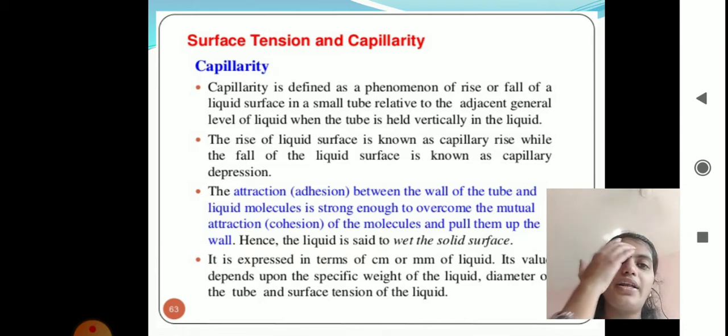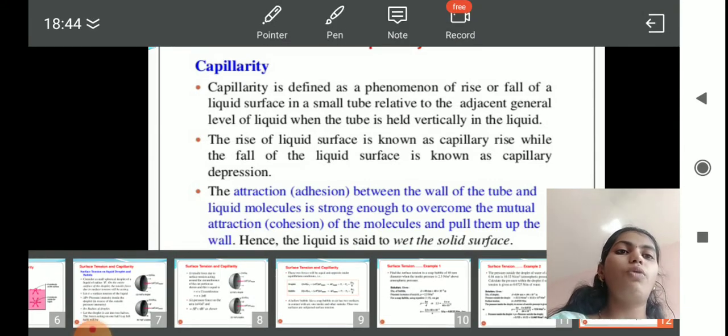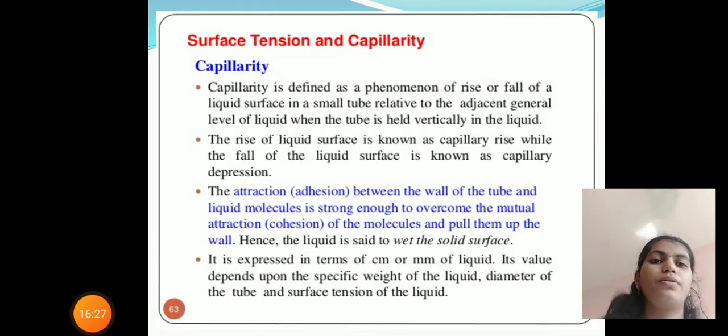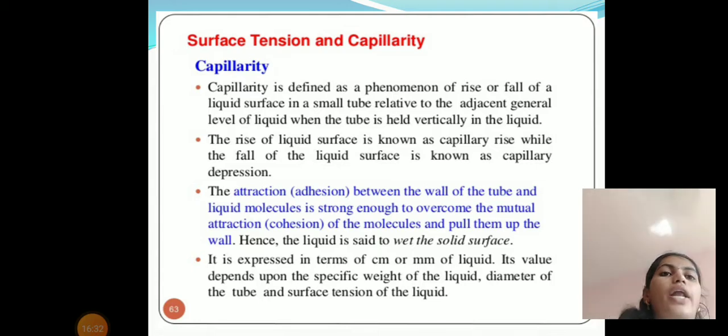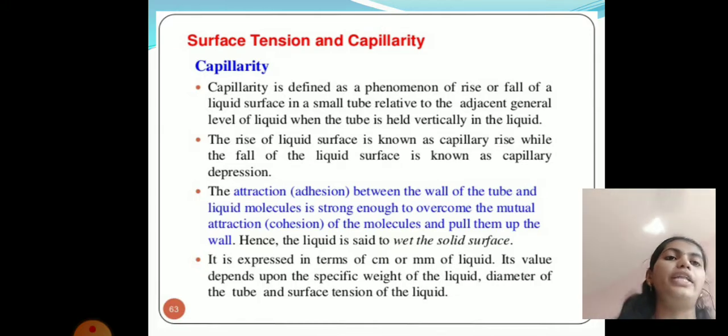Surface tension and capillarity. What does capillarity mean? Capillarity is defined as the phenomenon of rise or fall of a liquid surface in a small tube relative to the adjacent general level of the liquid when the tube is held vertically in the liquid.